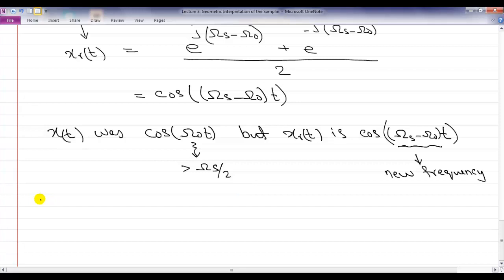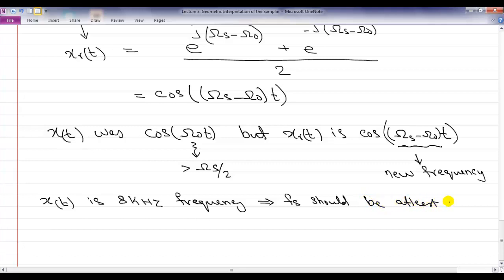As an example, if your x(t) has an 8 kilohertz frequency, by the Nyquist criterion, you must sample it at least at 16 kilohertz. So your fs should be at least 16 kilohertz for no aliasing.